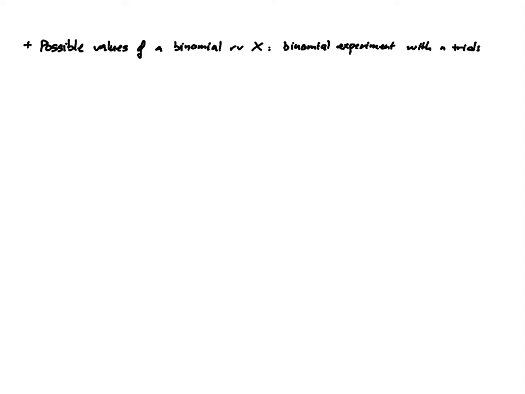Then the possible values of x are going to be 0, 1, 2, 3, all the way to n.